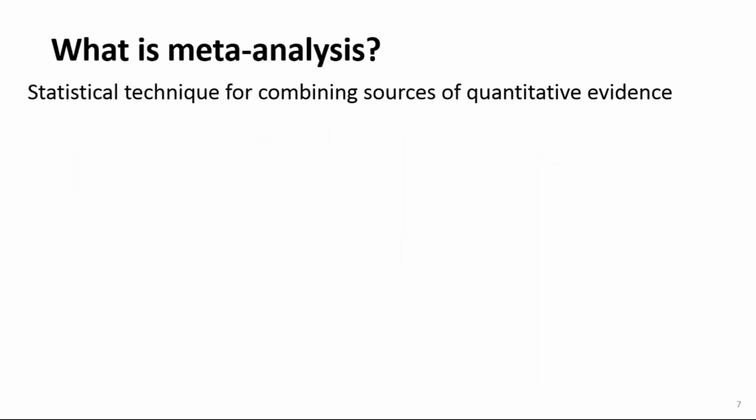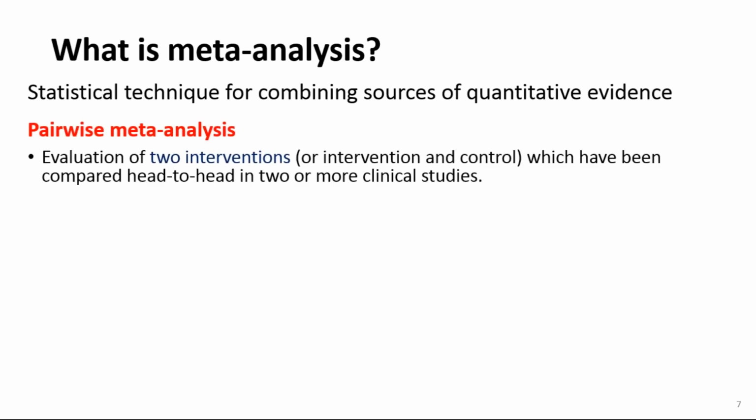So what is meta-analysis? Getting a bit more specific now on the techniques that I'm actually using in my work. So meta-analysis is a statistical technique for combining sources of quantitative or numerical evidence. And I'll be talking about two different types of meta-analysis today in the work that I've done. Firstly, pairwise meta-analysis.